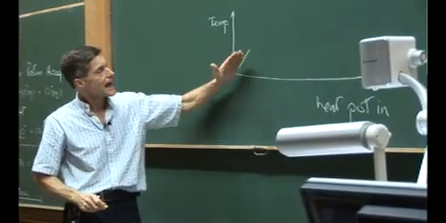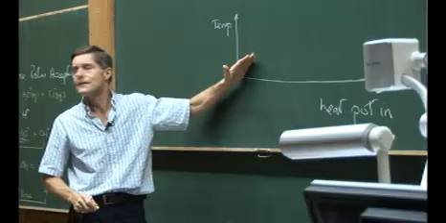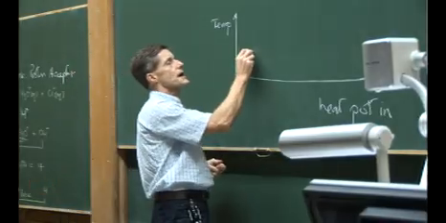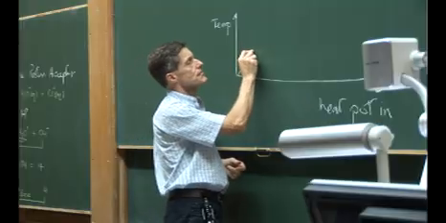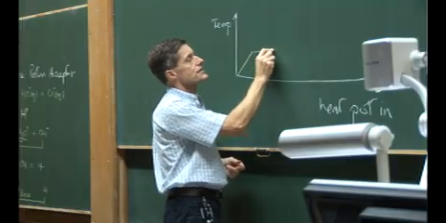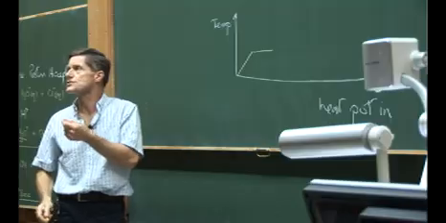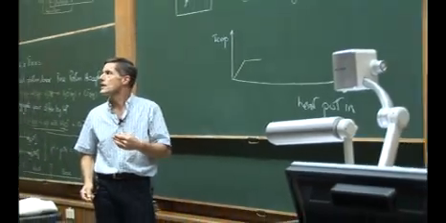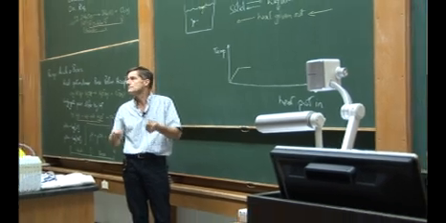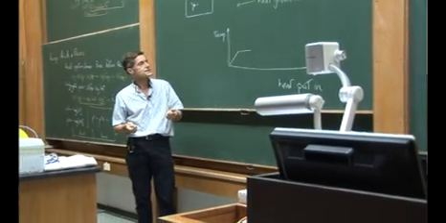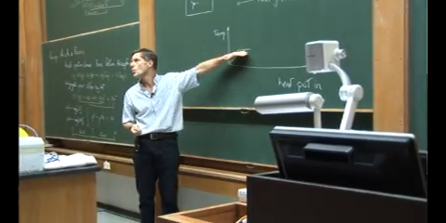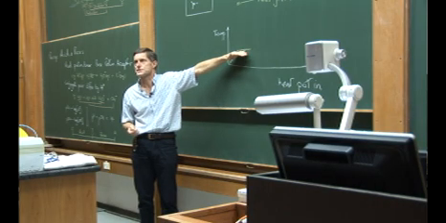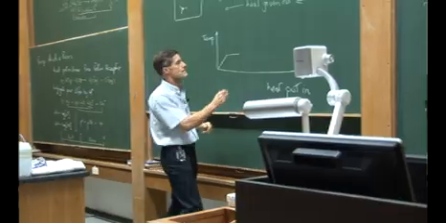And each solid has a characteristic slope to this part of the graph. But then a point comes when the solid starts to melt, and at that point the temperature doesn't change, and all the heat that you're putting in goes to melting the, let's say, the ice to form water, and the temperature stays the same, 0 degrees C in the case of water.